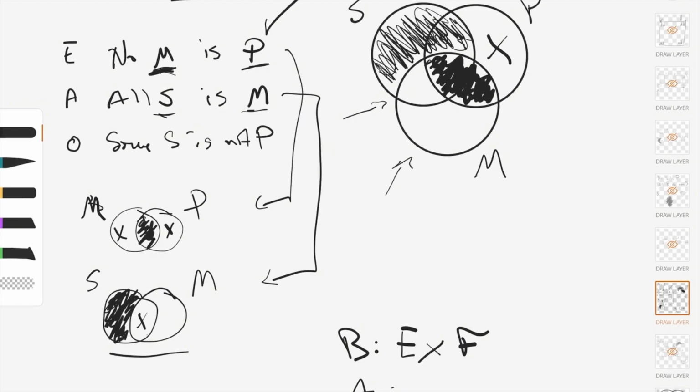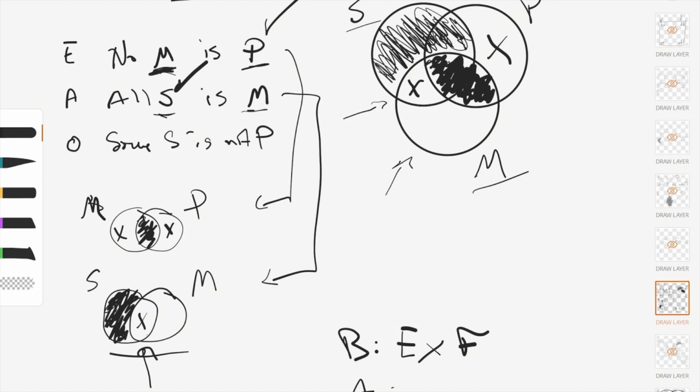So what region might that be? Well, there's only one piece of the region of S overlapping M left because of the shading. So since this region is empty, the X has to go here. And notice this X right here represents at least one S and at least one M. So we only need that. So we've got this done now. That's done with a definite X.